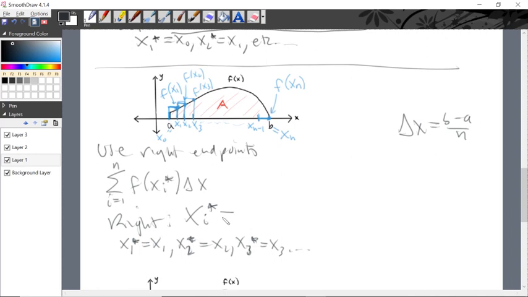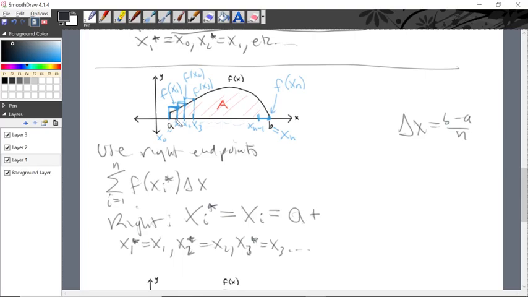So xi star, what is a formula that we can come up with for that? It looks like xi star is just equal to xi. How do we put that in terms of quantities like a? Well, let's say even on the first one, x1 star, which is equal to x1. That's not equal to a, but that would be equal to a plus a single instance of delta x, right? The width of one rectangle.